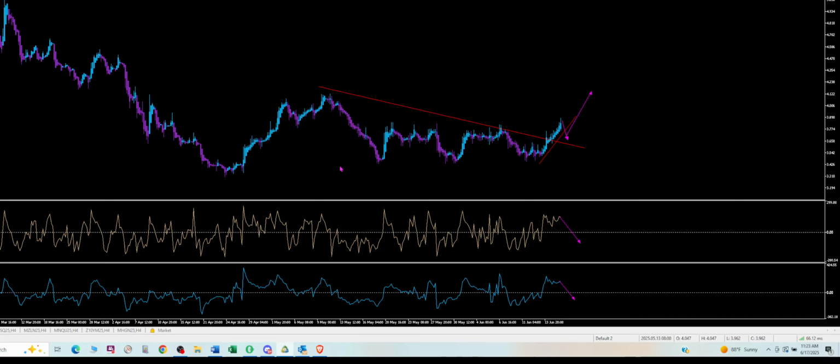Whether you want to call it change of character or break of structure, whatever, if you're following so-called smart money concepts, the structure levels to me are still the most important things. The indicators and the trend line drawings are all just things to help you with timing and confirmation, but it is not what you should be taking your cues from. These are just for timing purposes.